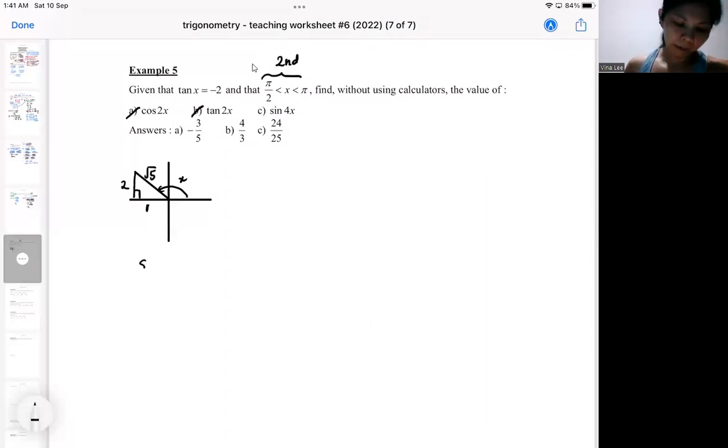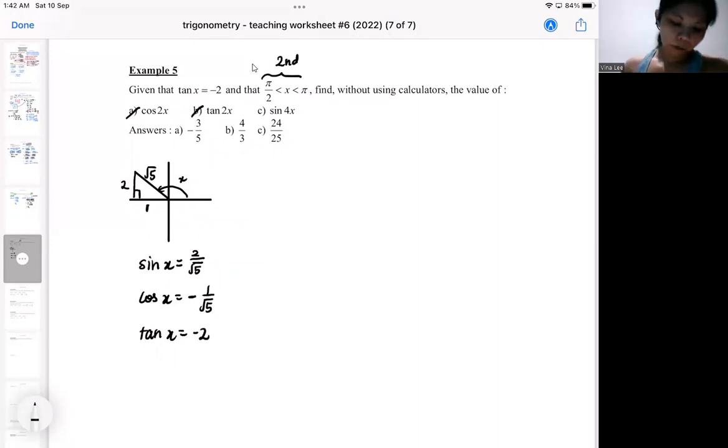So I will get my sine x also. My sine x should be a positive value because that's the second quadrant. So it should be O over H. My cosine should be a negative value, second quadrant. So tangent is already a negative value.